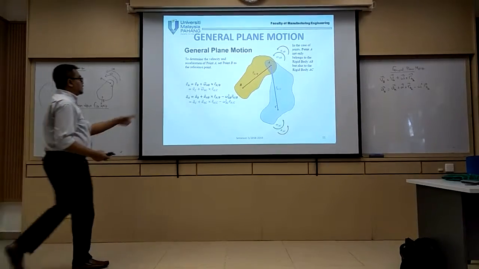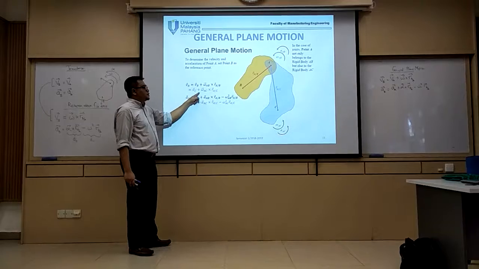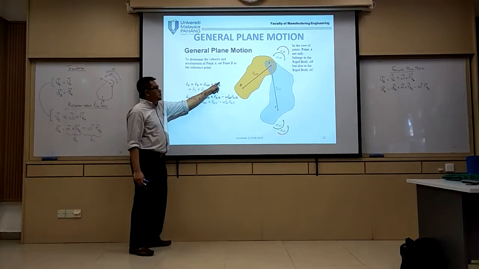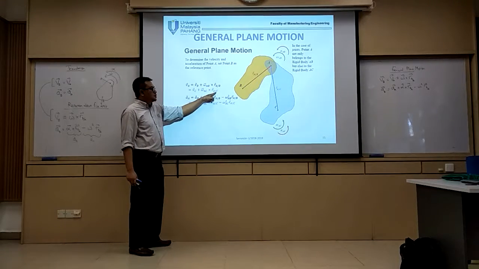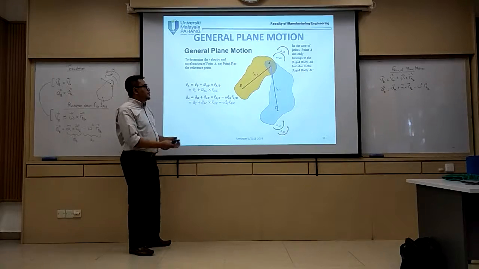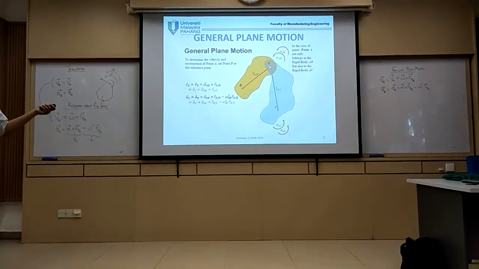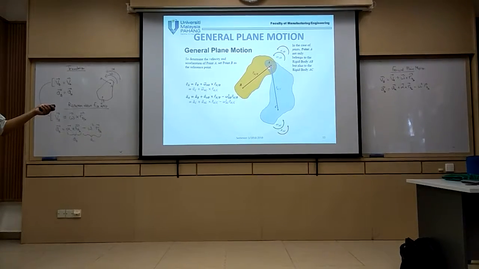A from B and A from C. Then the position vector will be AB and the position vector will be AC. The same thing for acceleration, because A is shared by yellow and blue, so we can find the acceleration of A using the equation from yellow and also using the equation from the blue rigid body.